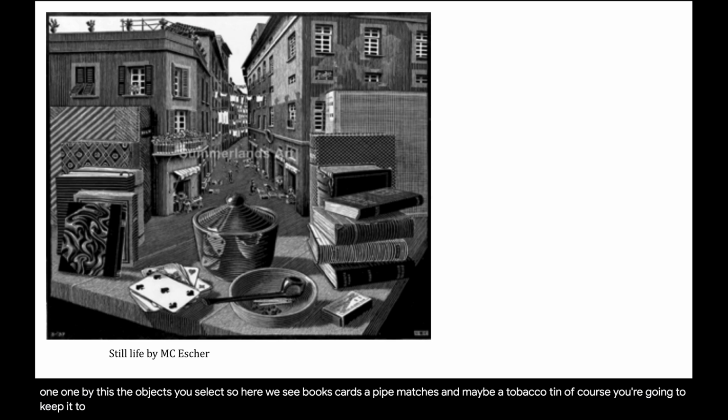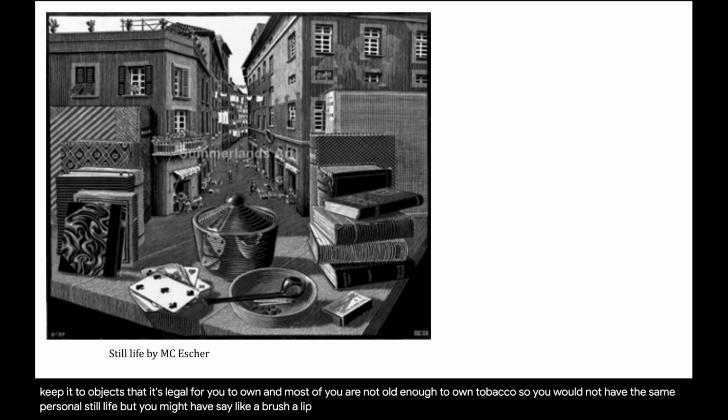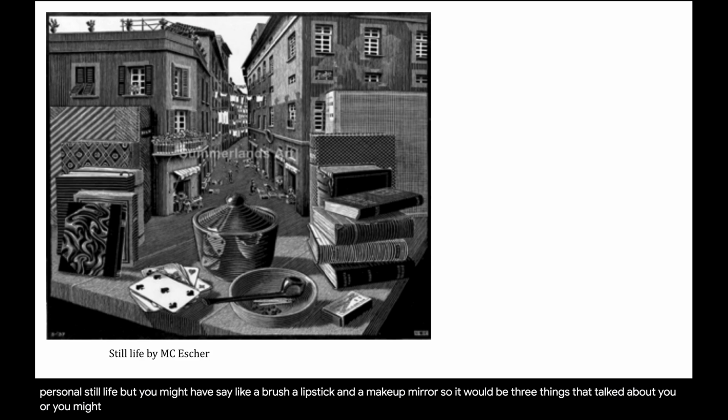to objects that it's legal for you to own, and most of you are not old enough to own tobacco, so you would not have the same personal still life. But you might have, say, a brush, a lipstick, and a makeup mirror. So it would be 3 things that talked about you. Or you might make a family portrait and say you like to cook salsa.